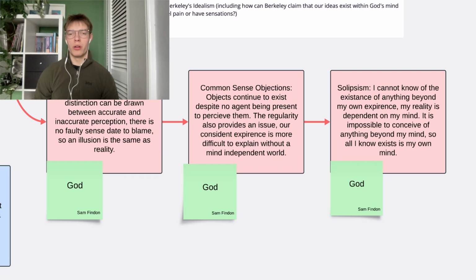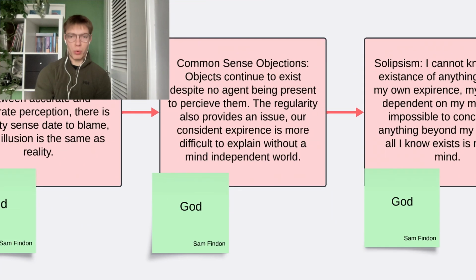And so, despite no one perceiving, time and space seems to have preceded any mind. And so that's another common sense problem. These have a fix, supposedly proposed by Berkeley, but it's not really a fix, and we'll cover that in a second.